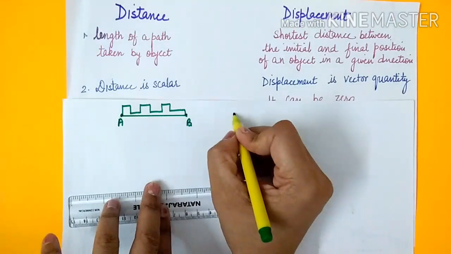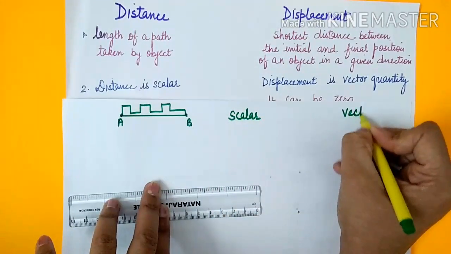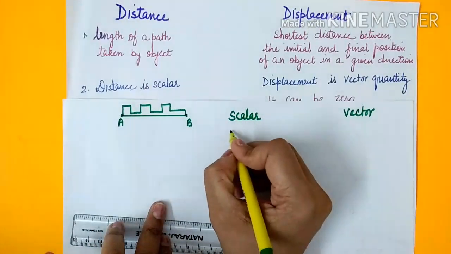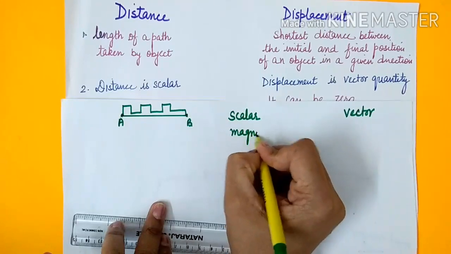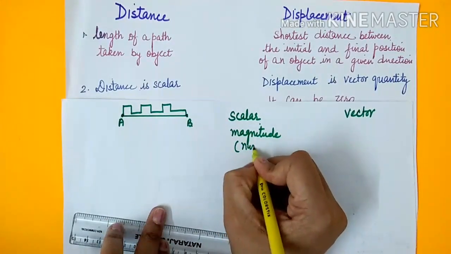To understand the concept of scalar and vector quantity, you should know that scalars are those quantities which require only magnitude. Magnitude is basically the numerical value.